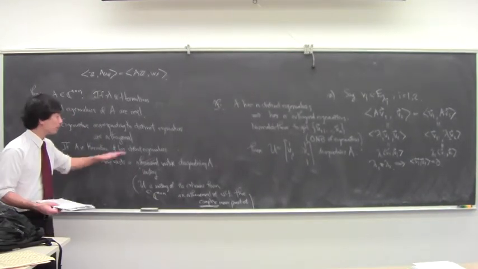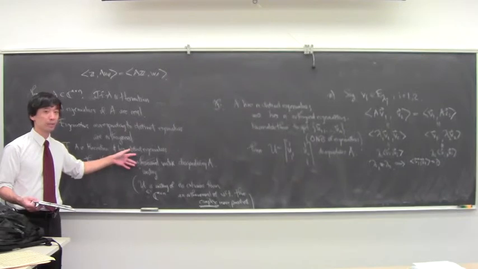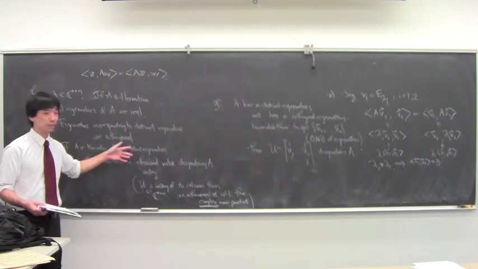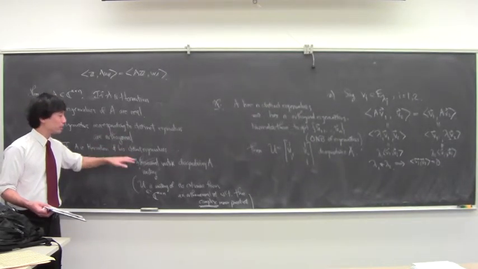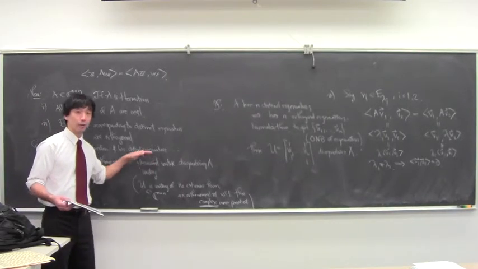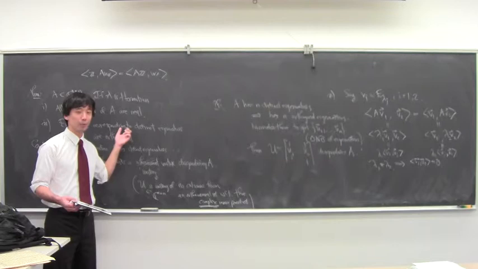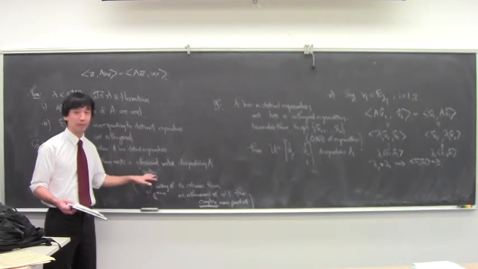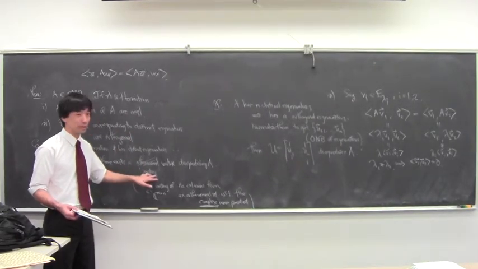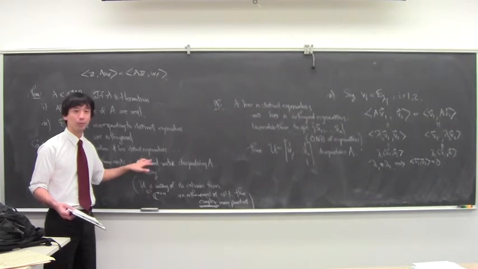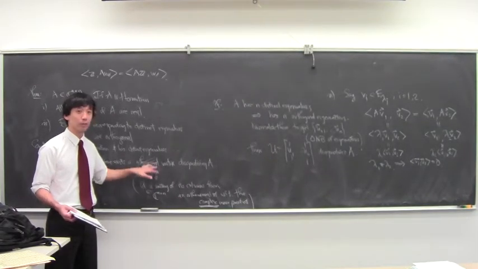Since it's a complex matrix, you're going to use the complex inner product. All the columns are orthogonal with respect to the complex inner product, not the real inner product. And so we have a different name for these. But basically, you think of unitary as being the same thing as orthonormal. It's just the complex version of orthonormal.